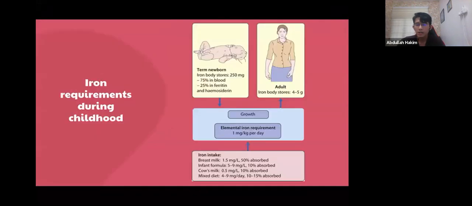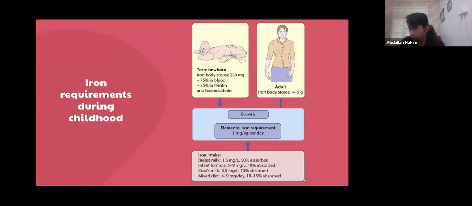So here I included the iron requirements during childhood. To compare, adults have 4 to 5 gram iron body stores, while the newborn has only 250 milligram, which can be divided into blood, transferrin, and hemosiderin. The iron intake from diet can be quantified based on this picture, at the most bottom.